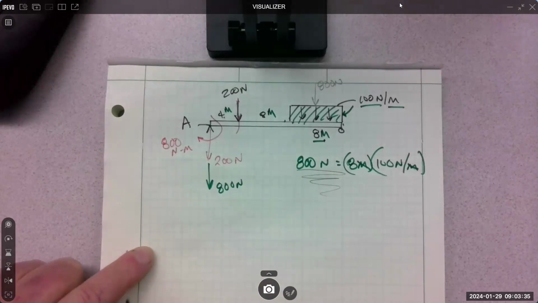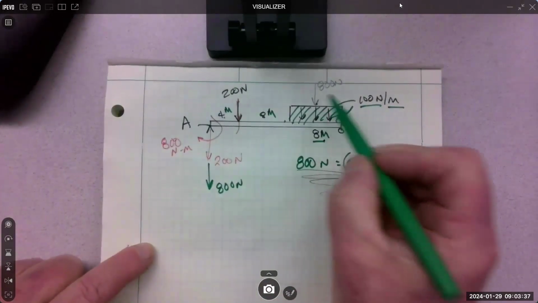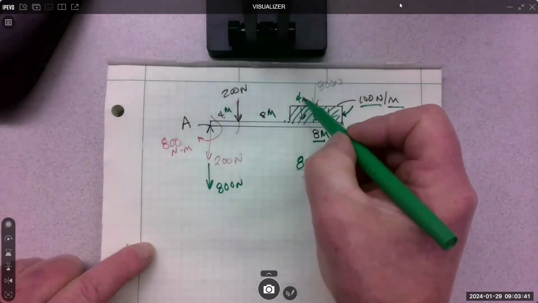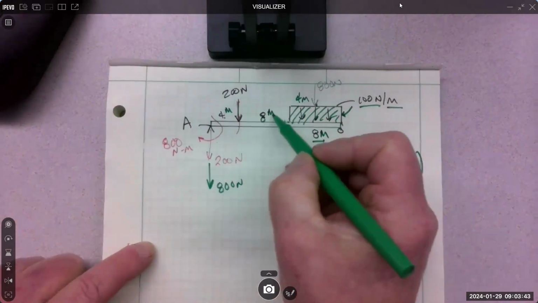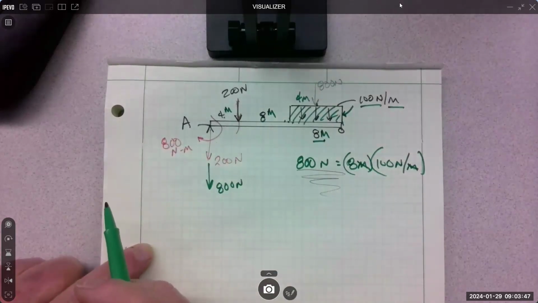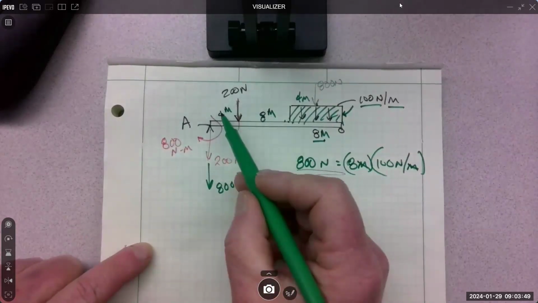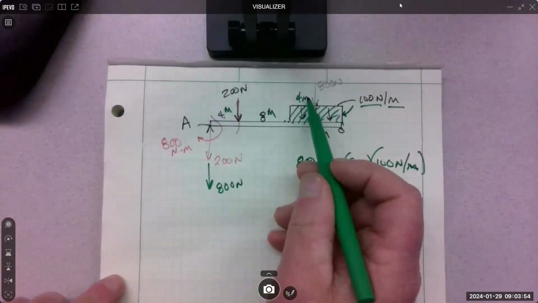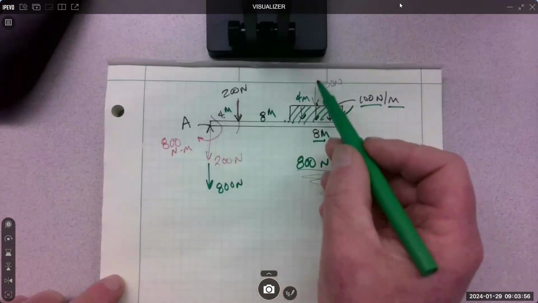Calculate its moment. It's here though. It's not over here or here. It's right here. This is 4 meters. This is 8 meters. This is 4 meters. So it's 8 and 4, that's 12, and another 4, that's 16 meters to this 800.